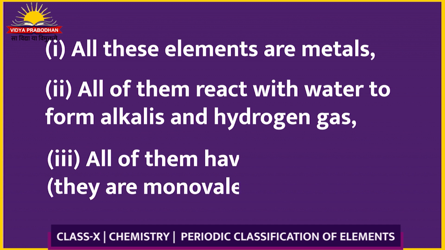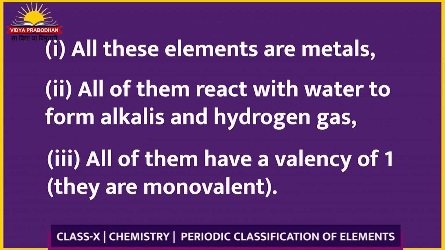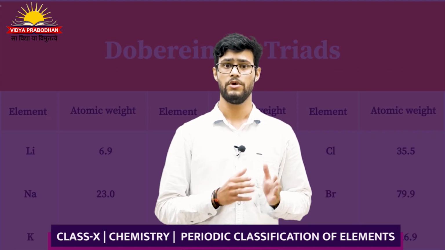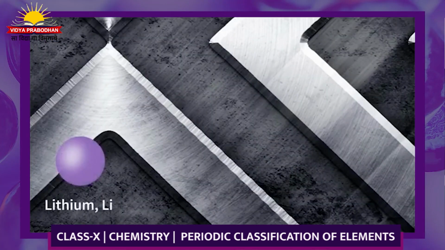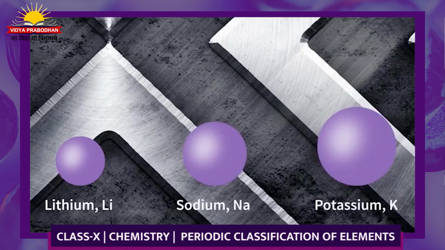All of them have a valency of 1. They are monovalent. So, due to their similar chemical properties, the elements lithium, sodium and potassium were put in one group called the alkali metal group or alkali metal family, and form a Dobereiner's triad.